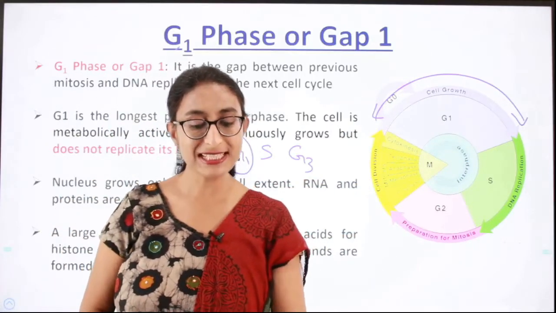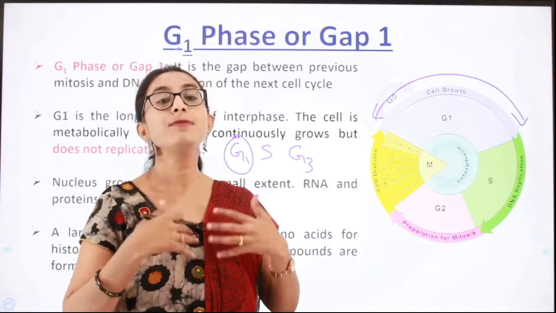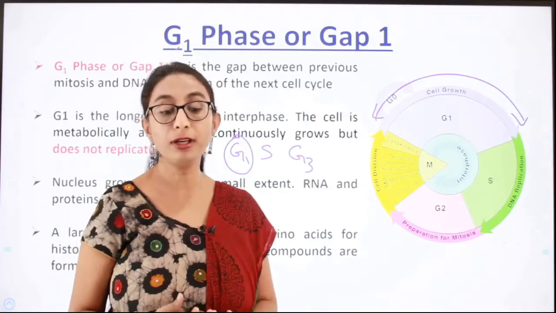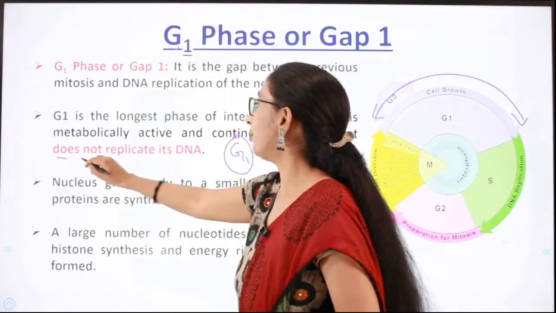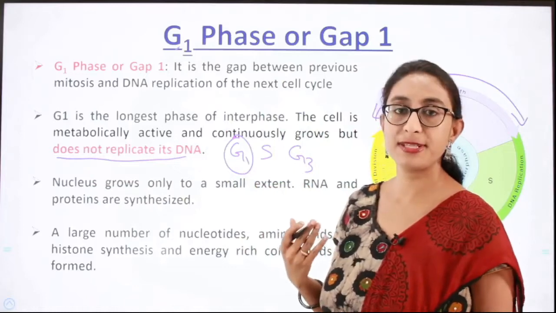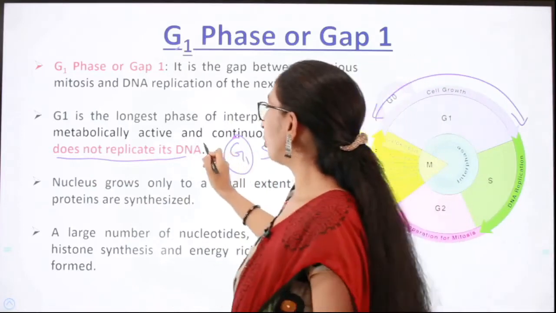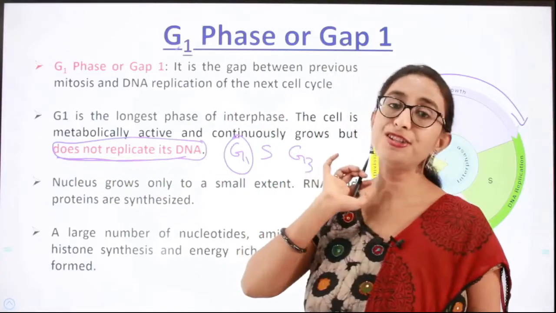The cell is metabolically active and it grows and becomes twice the size. However, it does not replicate its DNA. This is very, very important and it has been asked in your previous year questions many times. So please do not forget this. Replication of DNA does not happen in the G1 phase.